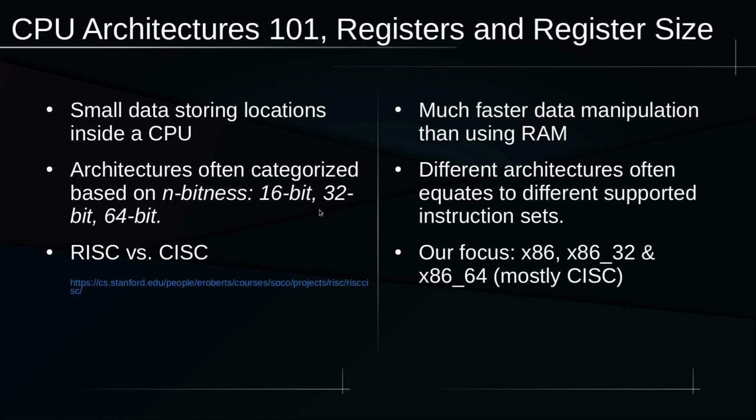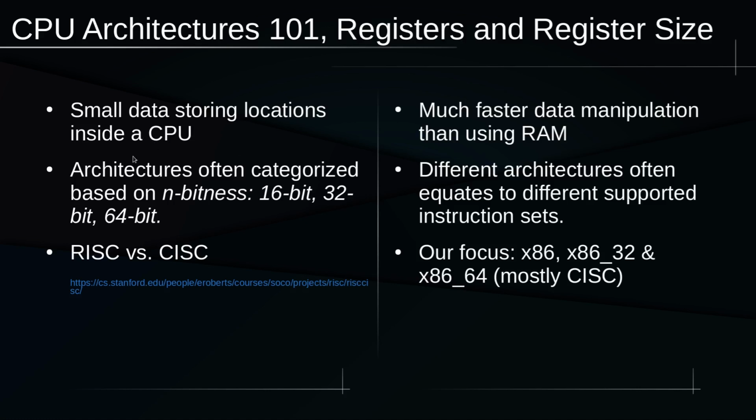That basically refers to the size of the CPU registers. So a CPU which mostly uses 16-bit registers, so the maximum data that a register can hold is 16 bits, would be a 16-bit architecture.